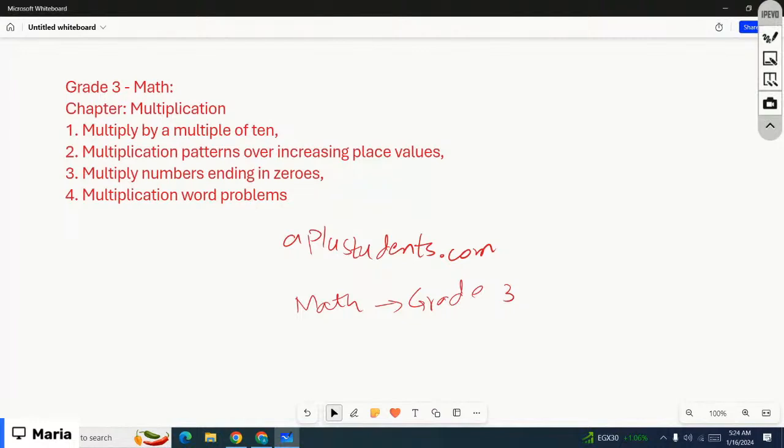We're going to start with the chapter multiplication. The lessons we're going to cover today are multiply by a multiple of 10, multiplication patterns over increasing place values, multiply numbers ending in zeros, and multiplication word problems.